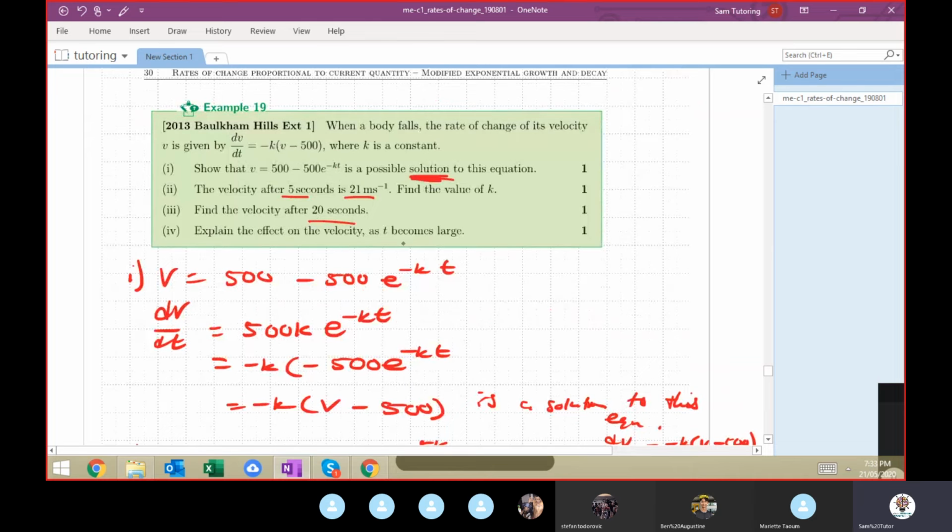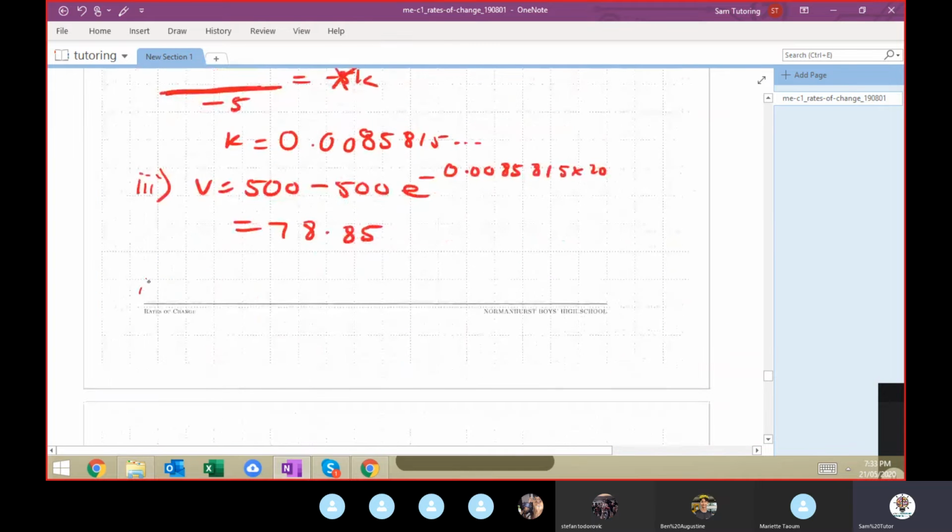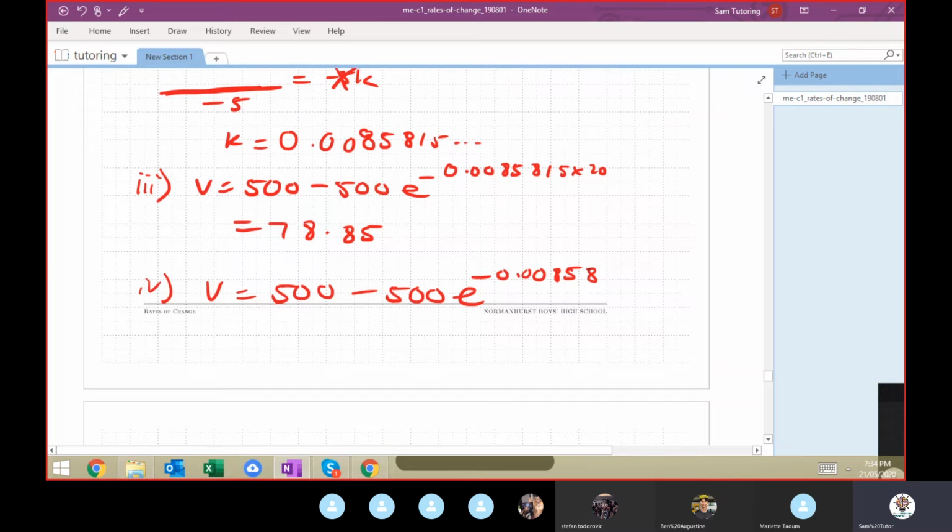Explain the effect on the velocity as t becomes large. What does t becomes large mean? What value is it trying to say? Infinity, right? So as time approaches infinity, what's infinity times 0.00858?